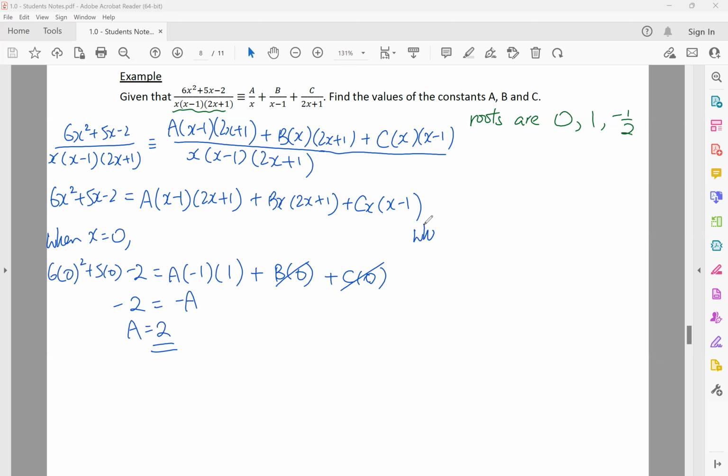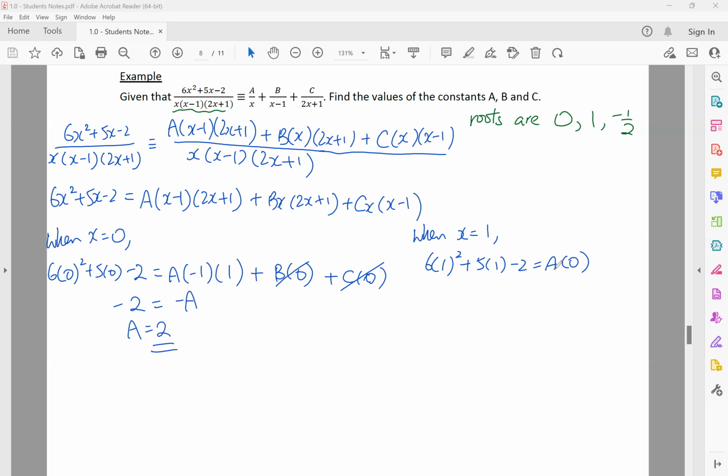Next one, when x equals 1, then you get 6 times 1 squared plus 5 times 1 minus 2 equal a times, well, 1 minus 1 is 0, so a times 0. Now, what happens is when you substitute in the root, you should only be left with one variable to work with, either a, b, or c.